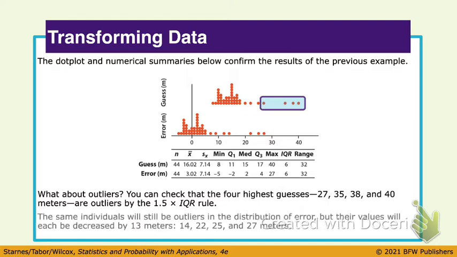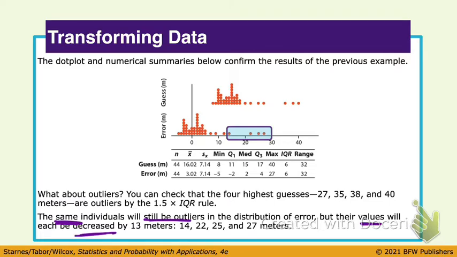While the location of those data points is different, they are still outliers, just like they were in the original distribution. So the same individuals will still be outliers. It's just that their values will decrease by 13.